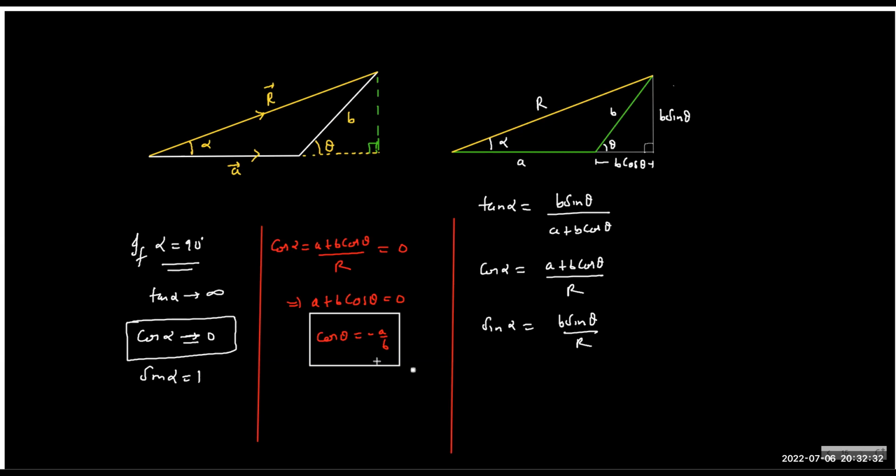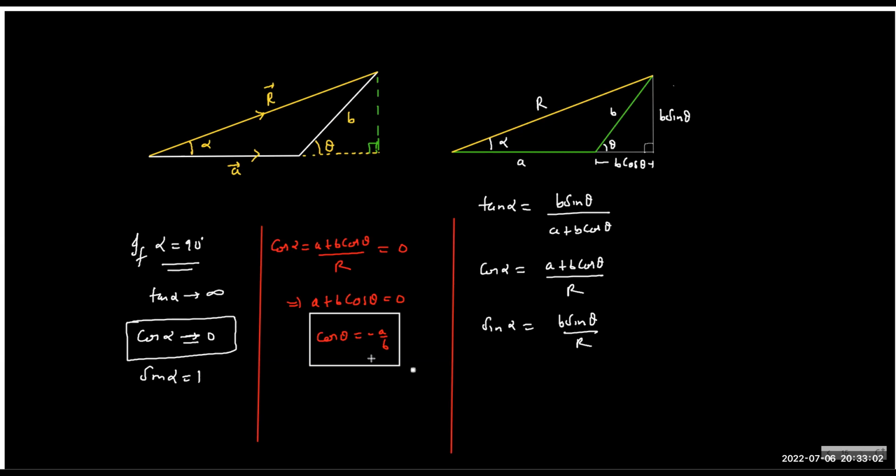So A by B must be between -1 to +1. So A is always less than B numerically. This number should be a fraction, right? So A is smaller in magnitude than B for sure. Mathematically it is defining that A is less than B in magnitude.